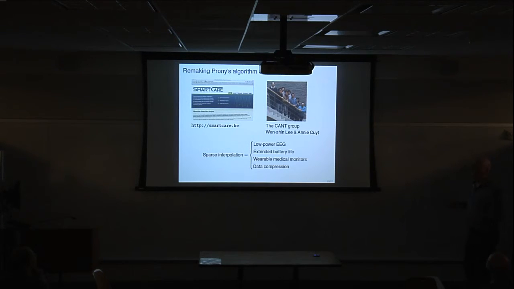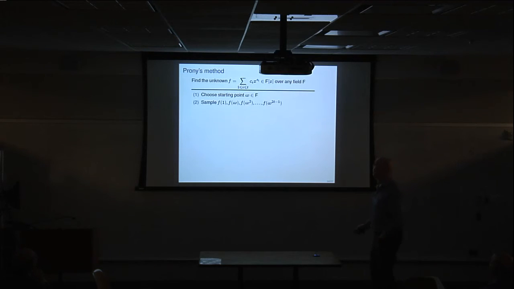You want something very lightweight, something very low power, and something that has very high battery life. And so sparse interpolation is exactly what you need. Now it's a sparse interpolation of the EEG signals where you're looking for particular kinds of shapes and anomalies. And so they've taken that in this direction since then. Okay.